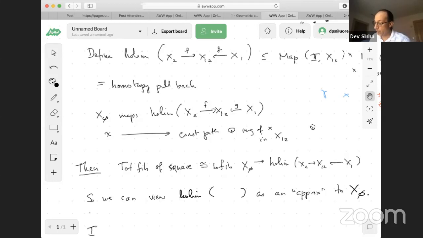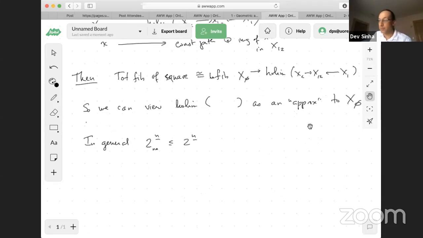So I'm going to look at the non-empty subsets of the set from 1 to n. And I'm going to define the homotopy limit of some, these are what I might call subcubical diagrams.